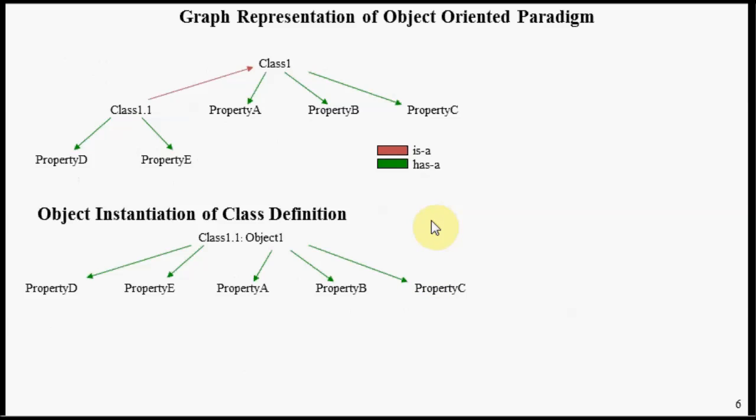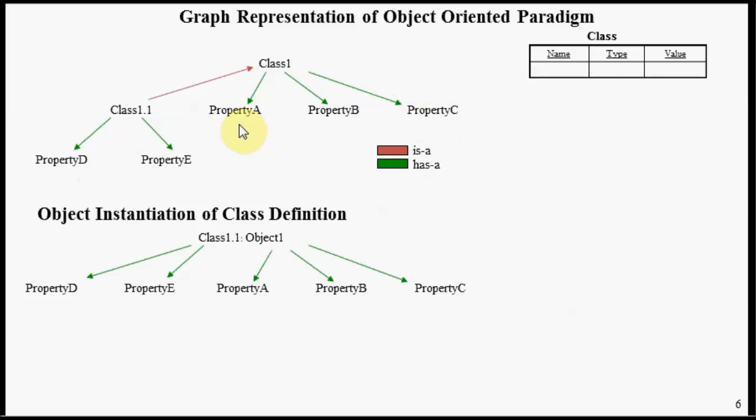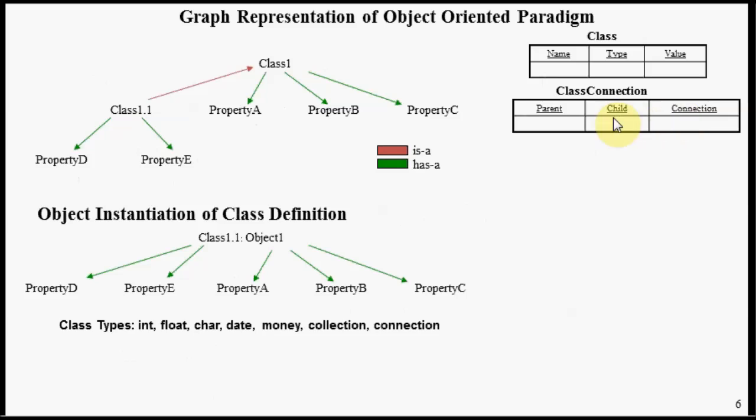Okay, now let's look at the relational tables needed to support this paradigm. We have the notion of a class table, which represents the nodes of our class graph. It's basically a name-value pair, and we have a type column, and legal type values. This represents basic class types. We have a class connection table of parent-child nodes, and a connection type.